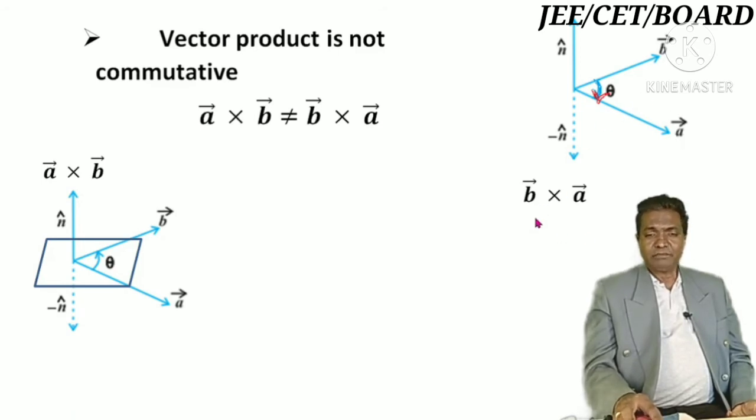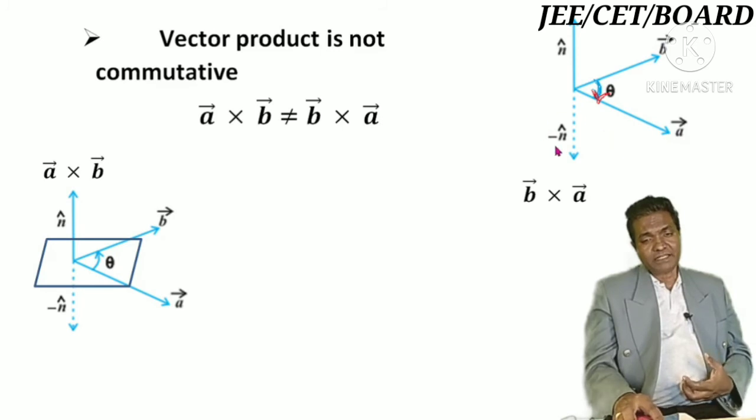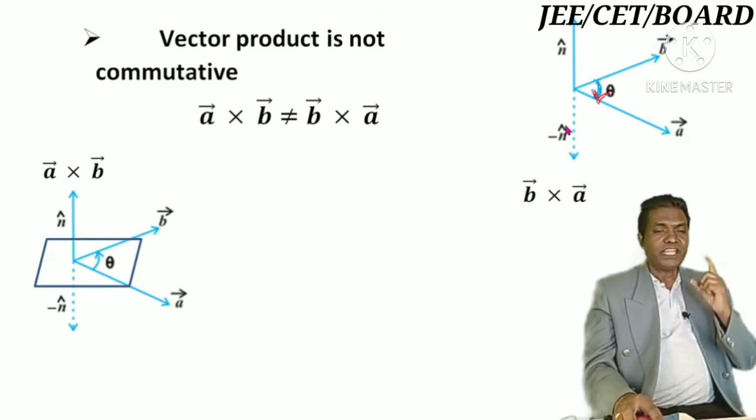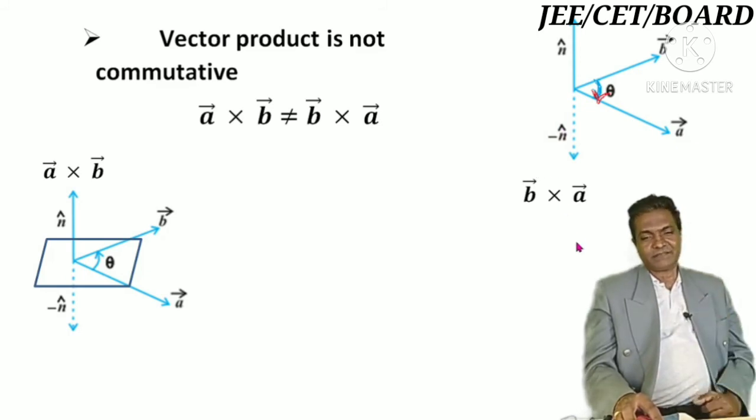And look here, B cross A is what? It is the cross product of B and A, meaning the angle is measured from B towards A. Here vector B, vector A and vector minus n cap form the right-handed coordinate system.